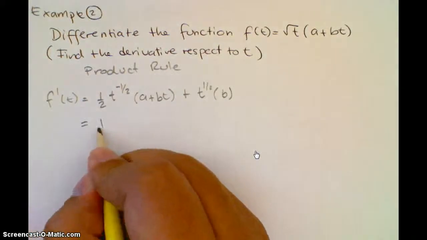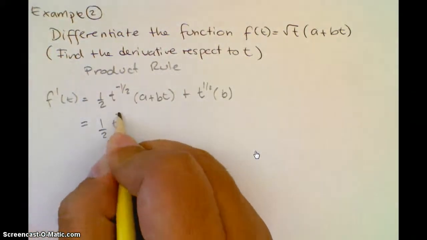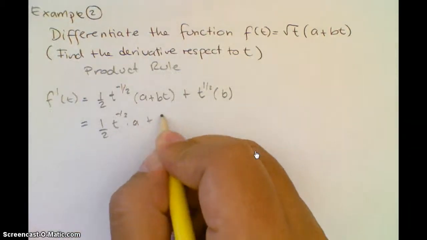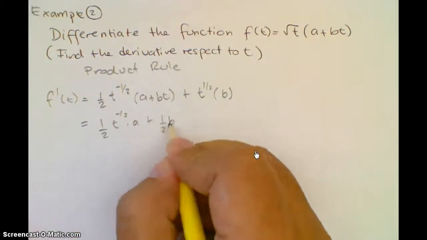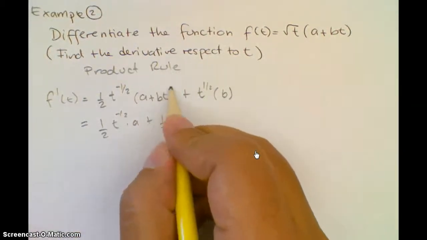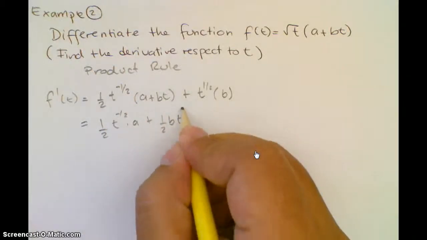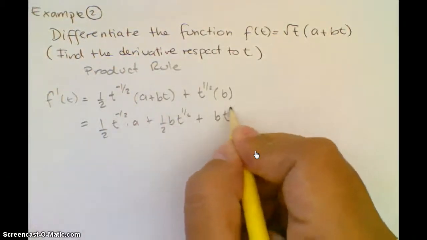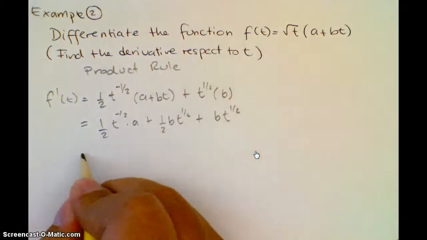So I have 1/2 of t to the negative 1/2 times a plus 1/2 b times t. This is t to the 1 plus negative 1/2, so it will be t to the 1/2. Plus b t to the 1/2.